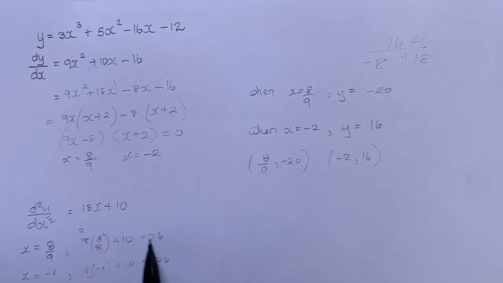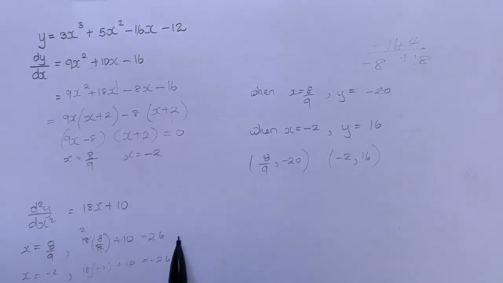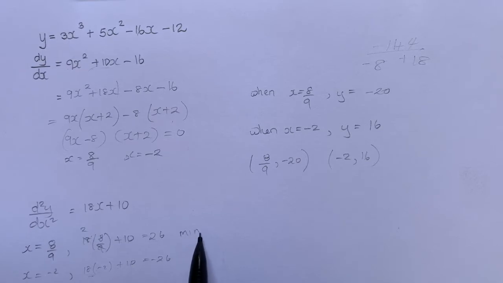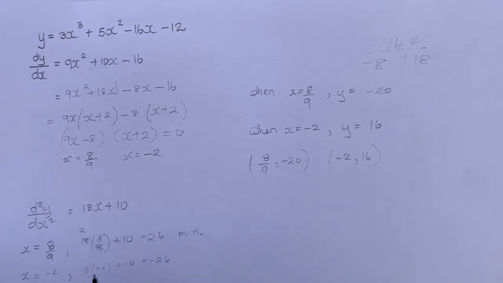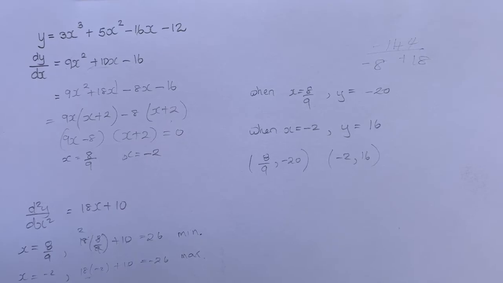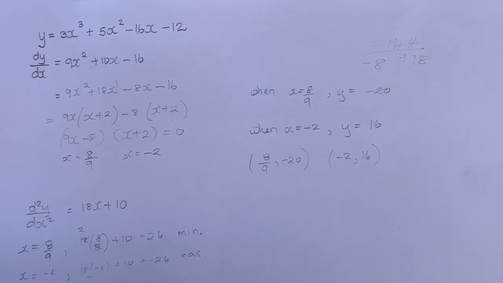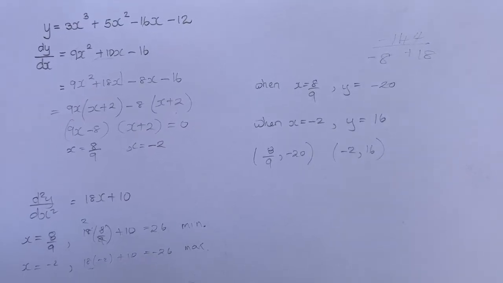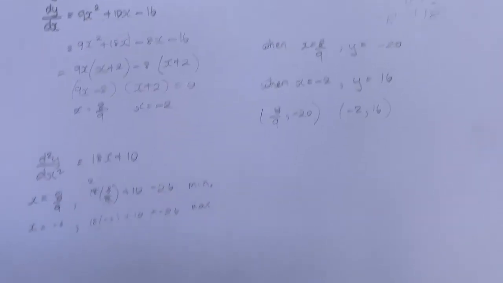Therefore, since this value is positive when x is 8/9, that stationary point is a minimum. And this one, when x is -2, since we get a negative answer for the second derivative, that one is a maximum. So we found our stationary points and their nature. Now let's find out where the curve will cut the axes.